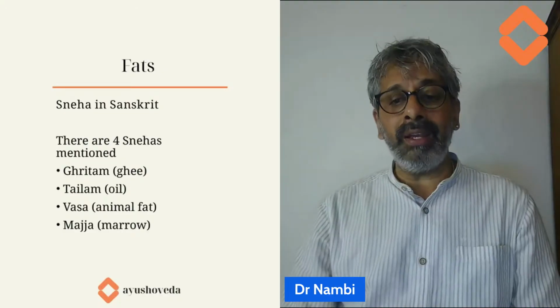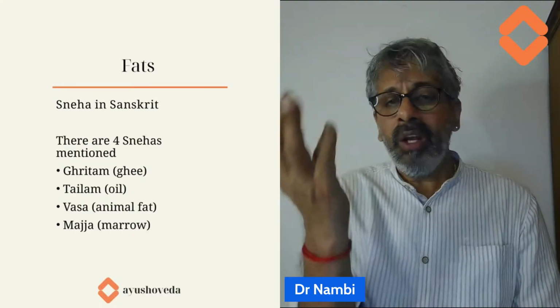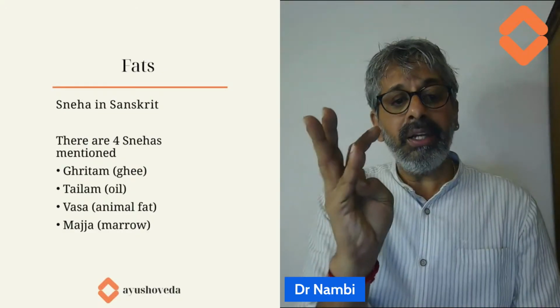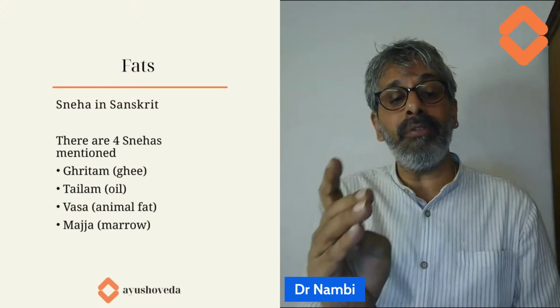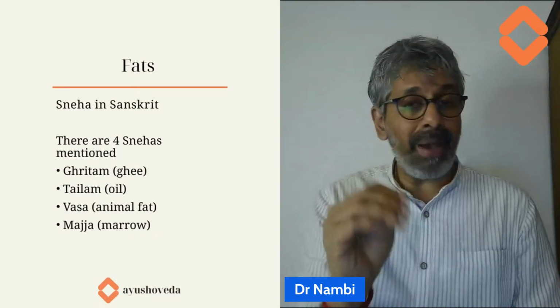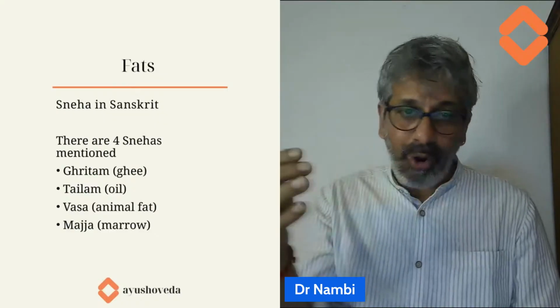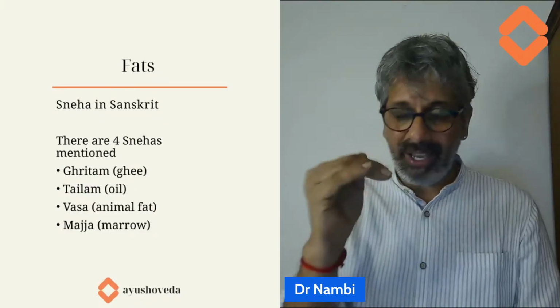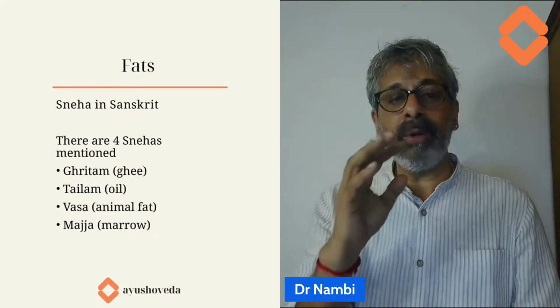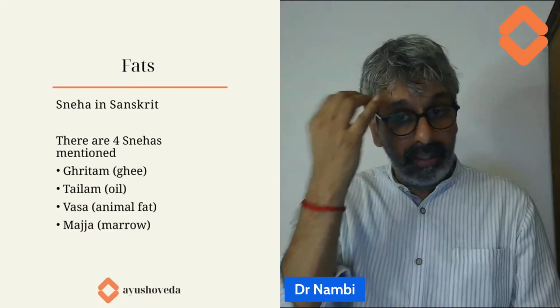The main ones are Grita, which is ghee, Taila, which is oil, Vasa, which is animal fat, and Majja, which is marrow.